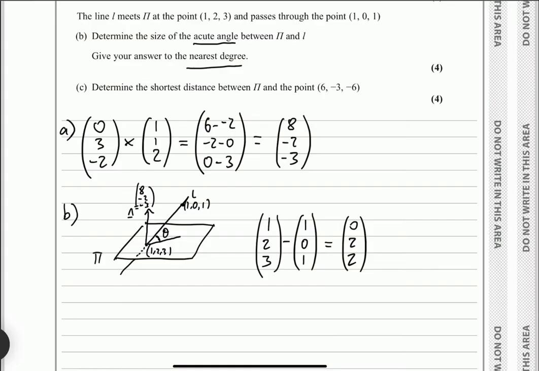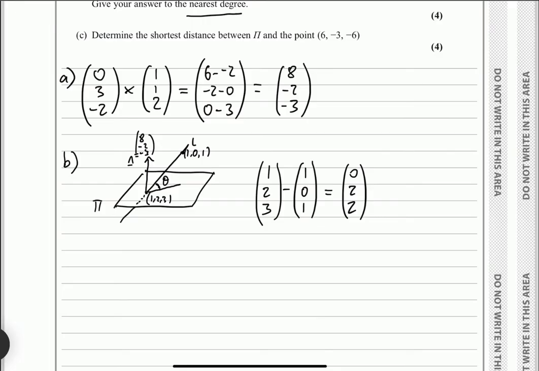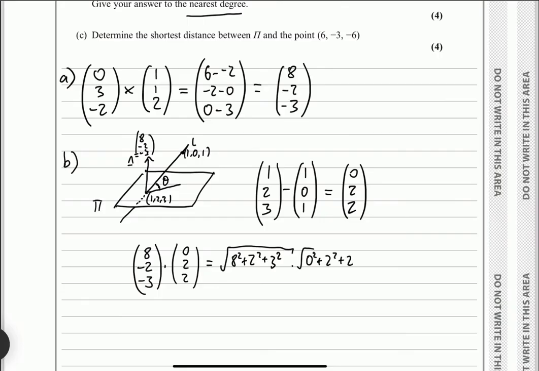Now we've got the direction vector of L and the normal of pi, we can do the dot product. So (8, -2, -3) dot (0, 2, 2) has to equal the magnitude of the first one times the magnitude of the second one times the cosine of the angle between them.